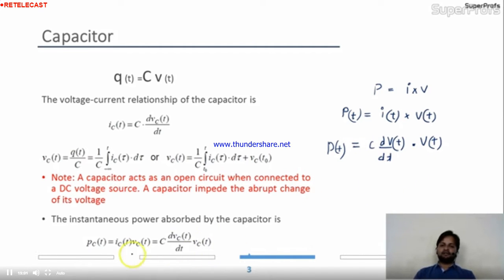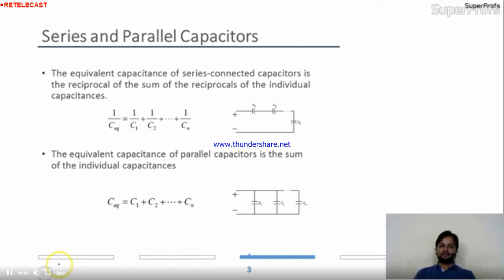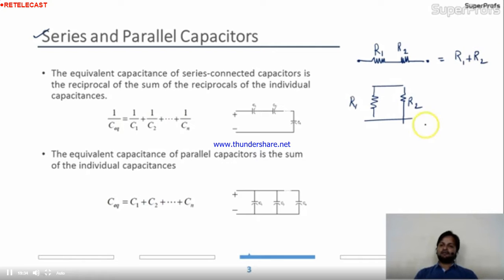Now come to the next point: series and parallel capacitors, or combination of capacitors. For resistances, we have seen the series combination and the parallel combination. If you recall, for series the resultant will be R1 plus R2, and for parallel the resultant will be R1 R2 divided by R1 plus R2.